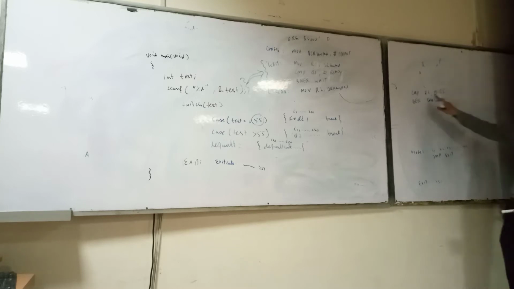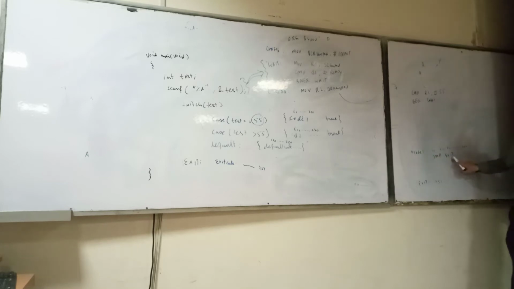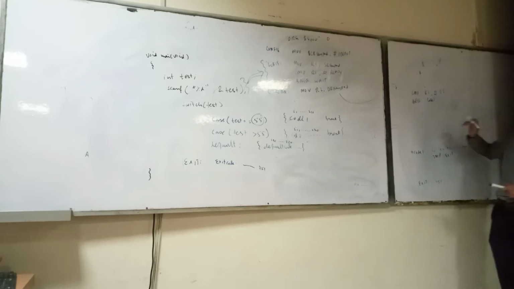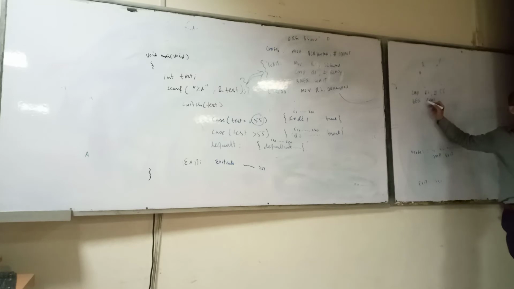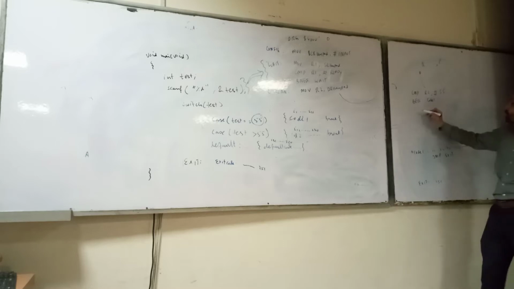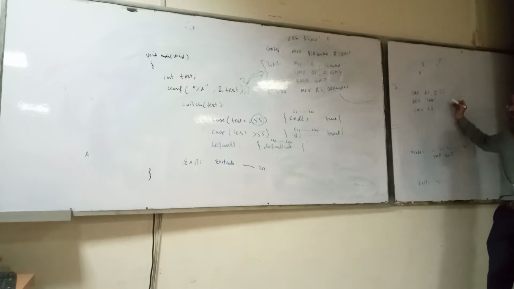So branch equal code 1, code 1 comes up here, jump exit. Agreed? Now if this condition is false, then you compare R2 with what? Greater than 55.